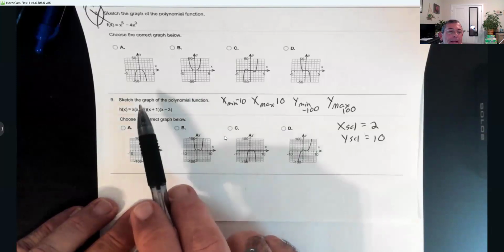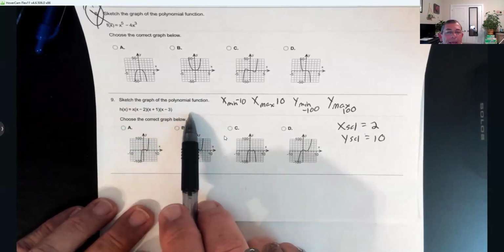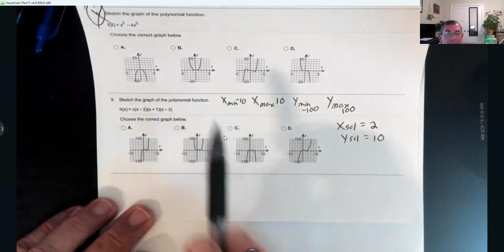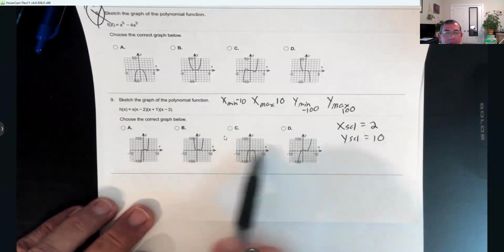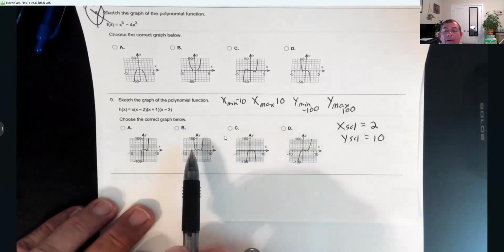Like I said, you multiply all the x's together and you get an x to the fourth, which is even and positive. So y'all, in the end, even and positive, we should get a picture like B, right?